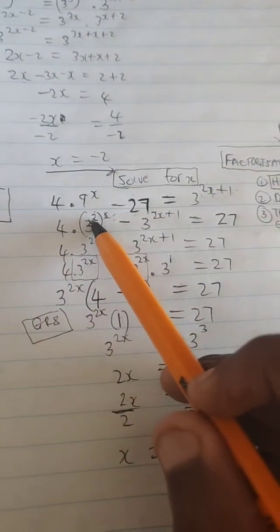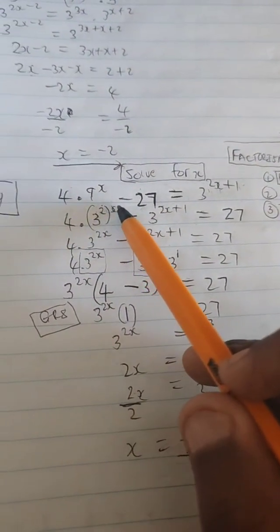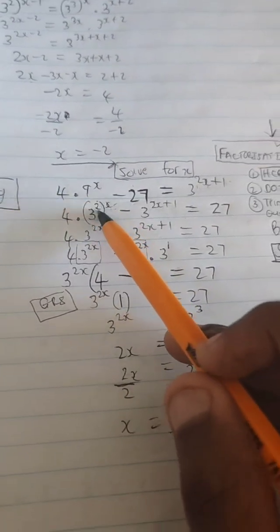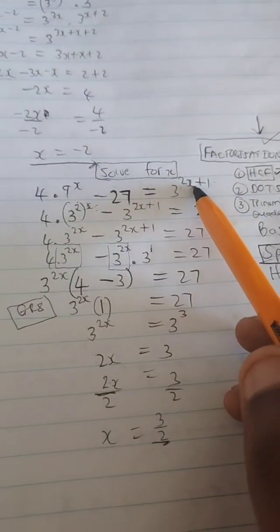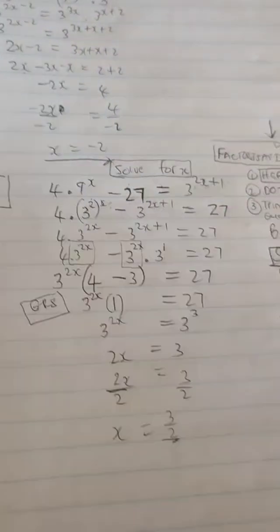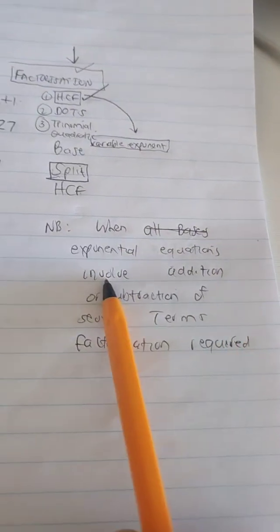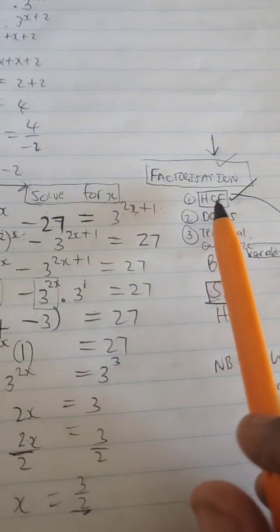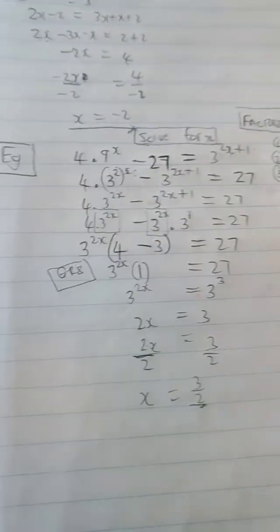So when the coefficients, guys, remember, this is a variable, this is a coefficient, the number before the variable, when the coefficients of those variables are the same, then it means highest common factor type can be applied. But this is only when exponential equations involve addition or subtraction of several terms. Then that type of factorization, highest common factor, may be required.